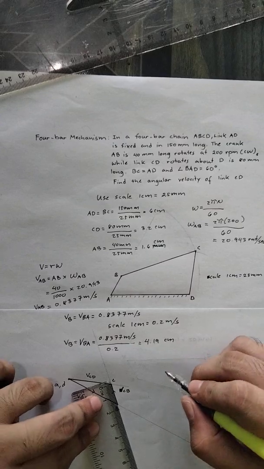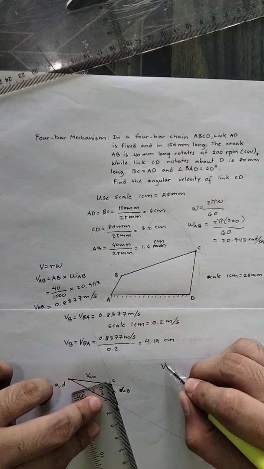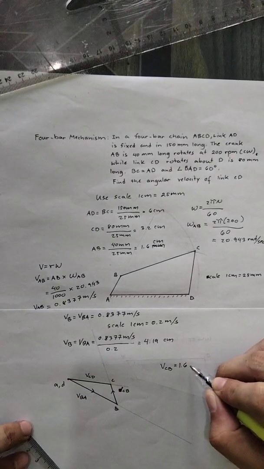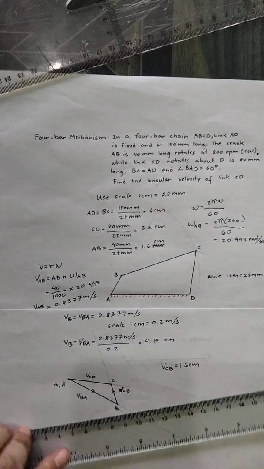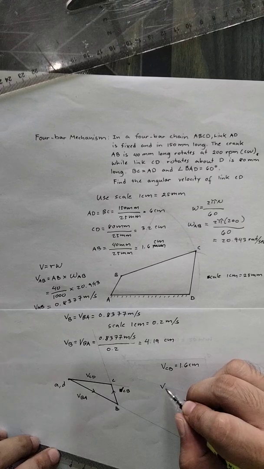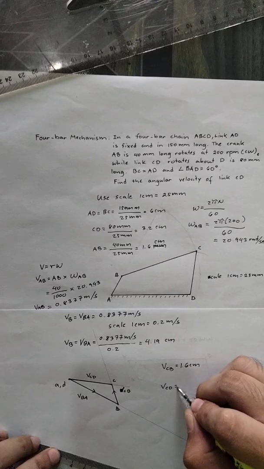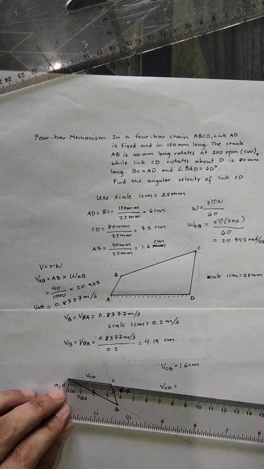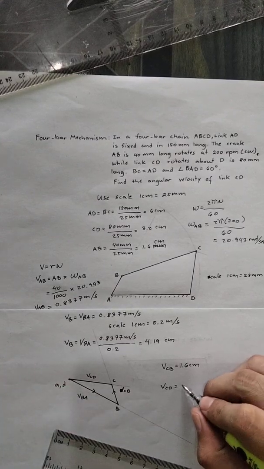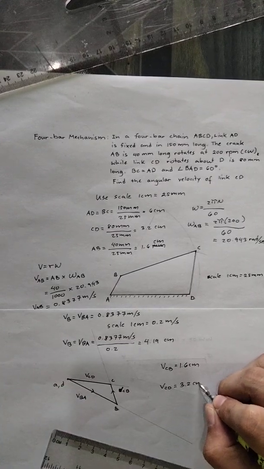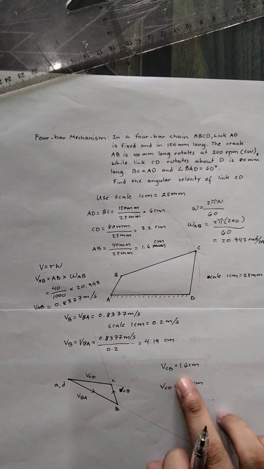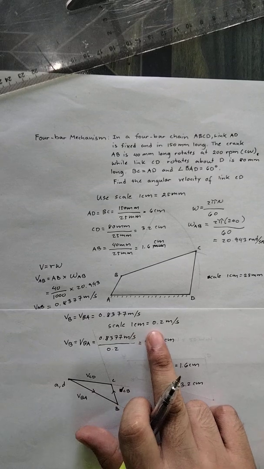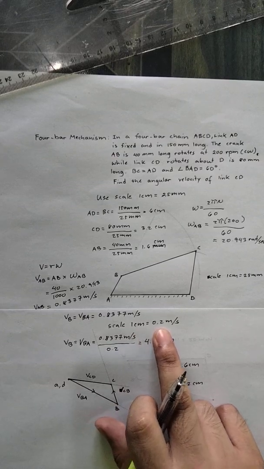But for me, the velocity of C relative to B is 1.6 cm, and the velocity of C relative to D is, let's measure this, class, it's 3.2 centimeter. But we know that our scale is in every 1 centimeter we have 0.2 meter per second.